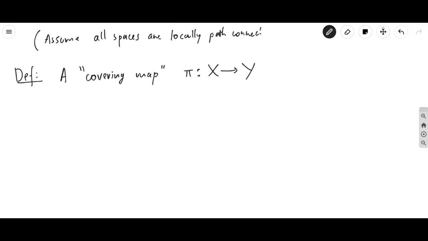They do not have to be, but in practice, the way this is used in topology and in other areas of mathematics, that's the condition which is satisfied. So you could be more general, but let's not overcomplicate things. So a covering map between two spaces, X and Y, has the properties.